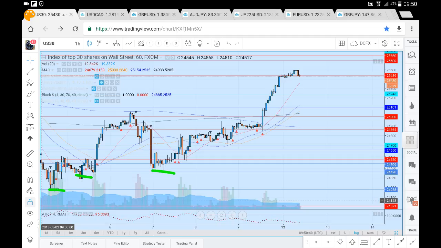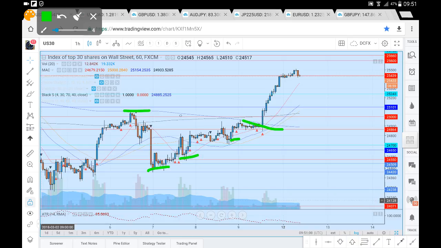So we can see here on the US 30, we came down towards the 24,238, posted a low, a higher low, had prices move upwards towards the 200 period moving average, had a sell-off down towards the 24,420, had a series of higher lows, indicating there is a degree of bullishness in the market.